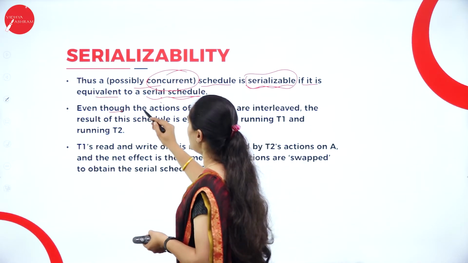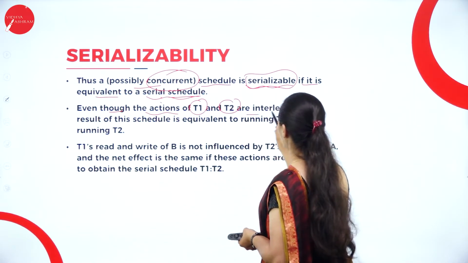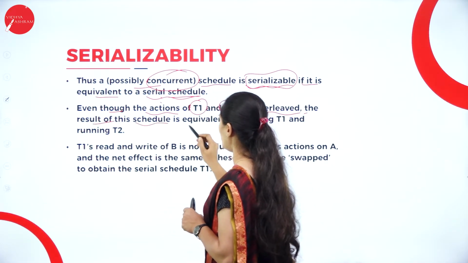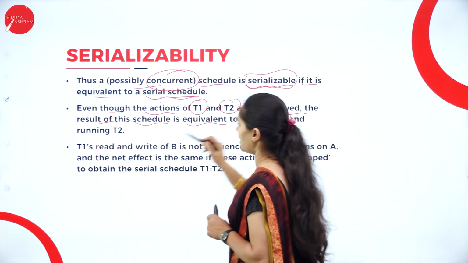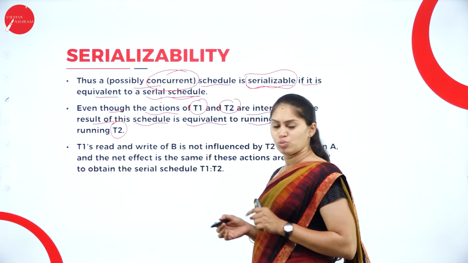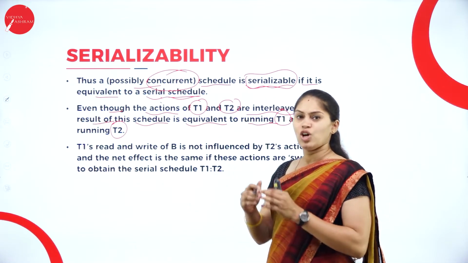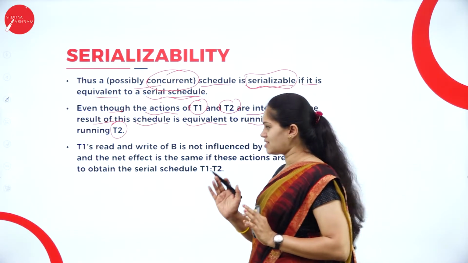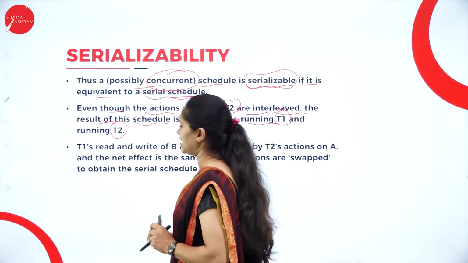So even though the actions of T1 and T2 are interleaved, that means we are mixing them, the result of this schedule is equivalent to running T1 as well as running T2. Both need to be identical. Whether I am doing it separately or in parallel, it needs to be the same. That is what we mean by serializability.